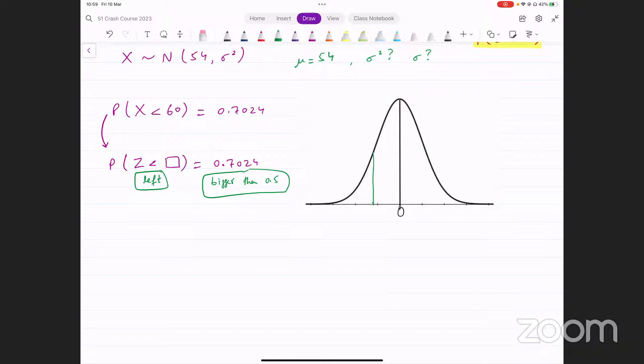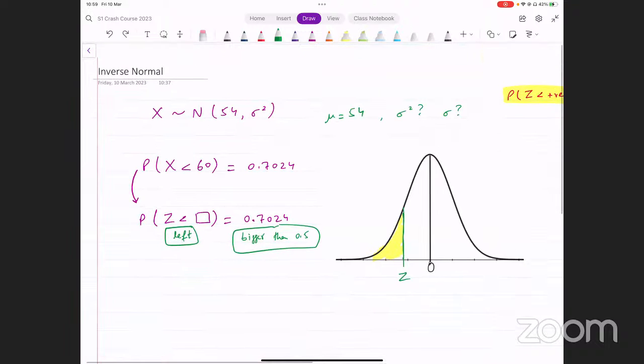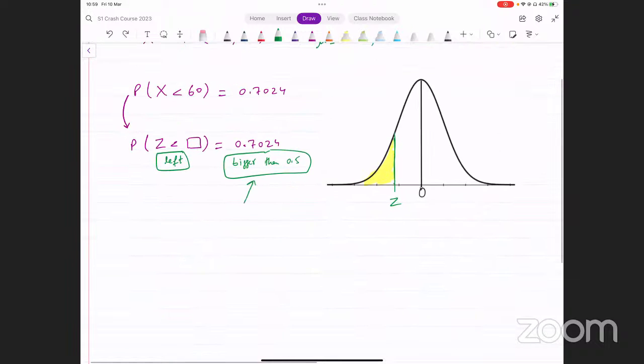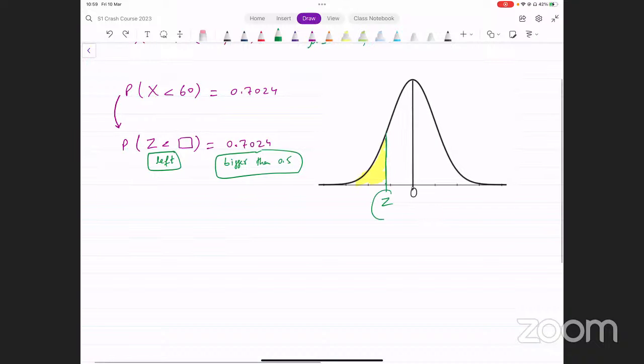Now, if we place Z here, what's the area to the left side of this? Is this a bigger area or smaller area? If you compare it with 0.5, this area, the yellow region, is actually less than 0.5. We want the area to be bigger than 0.5. So Z cannot be here.